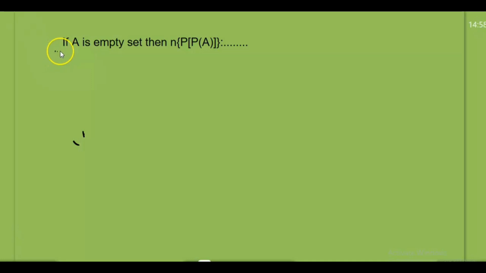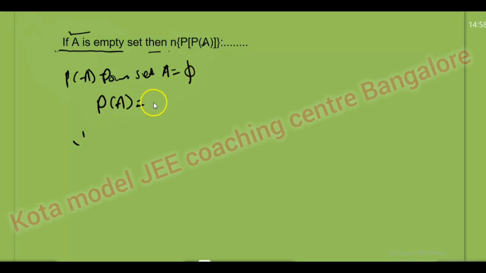One simple question: if A is an empty set, then find n of P of P of A. P of A means the power set. A is already an empty set, so there are no elements present in A. Then the number of elements in P of A is 2 to the power 0, which is 1.